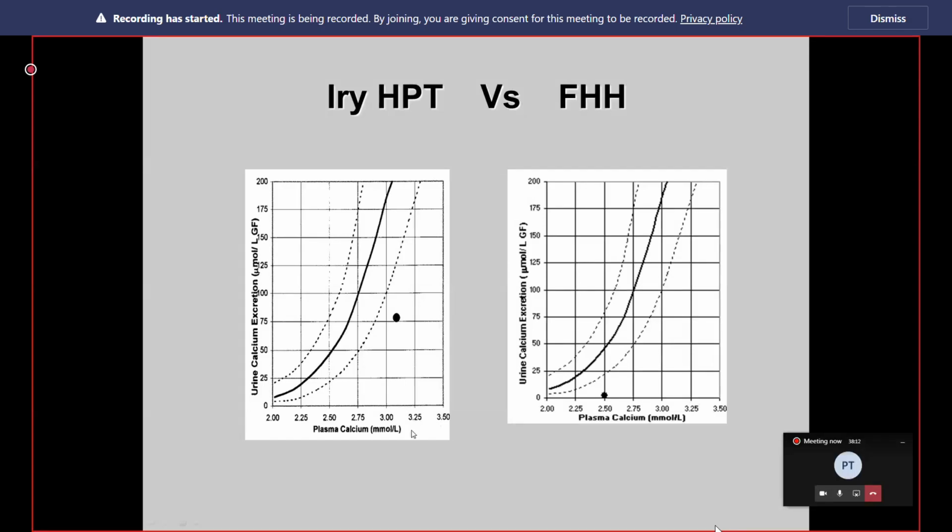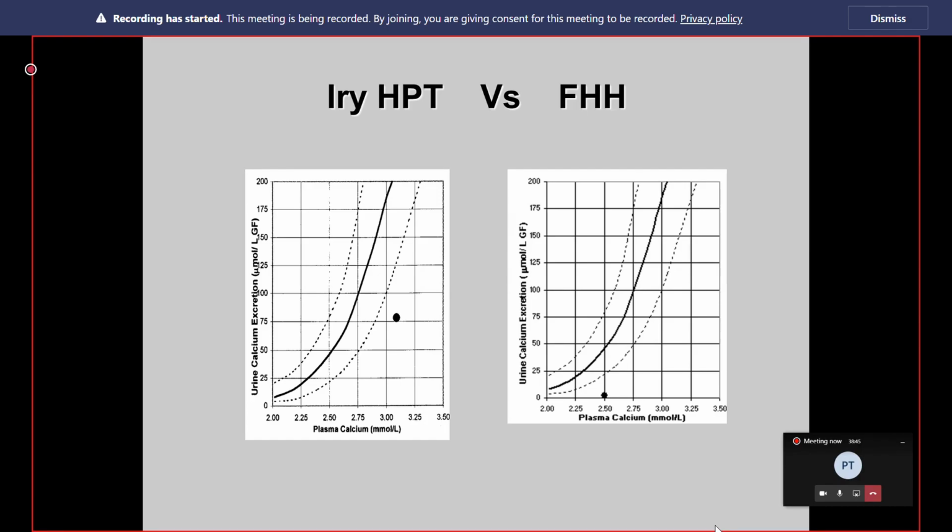Again, another graph which shows you the relationship between plasma calcium and calcium excretion in FHH, where the urine calcium excretion is extremely low, whereas in primary hyperparathyroidism, it's lower than expected, but not as extremely low as in FHH. And generally, serum calcium is higher in primary hyperparathyroidism than in FHH.